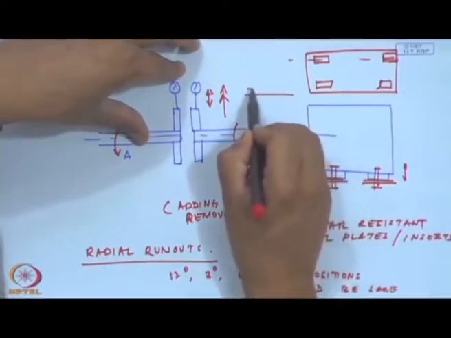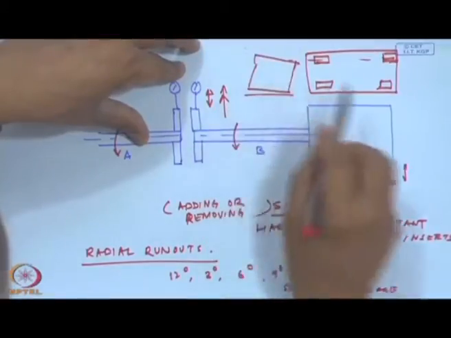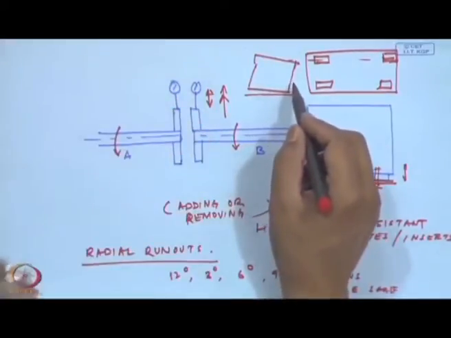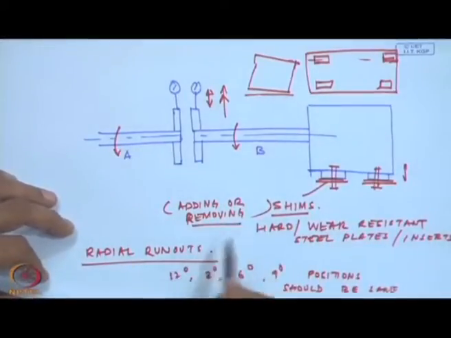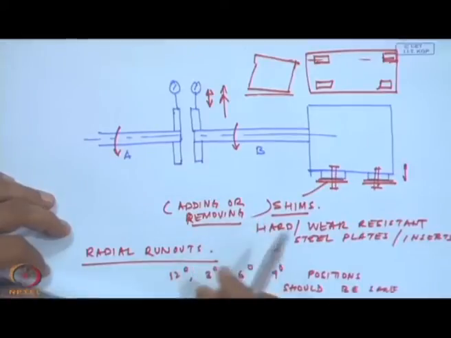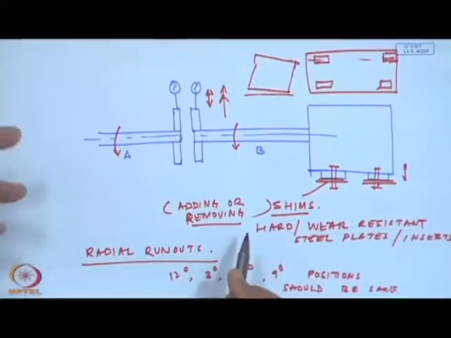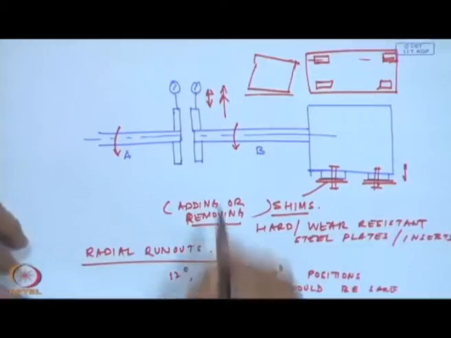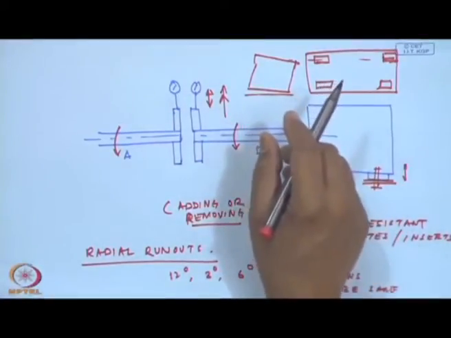The base plane may be like this. Okay, and this gives rise to what is known as the angular misalignment. So, by adding or removing shims, I can take care of the misalignment by reducing the radial runouts, either in the angular sense or in the normal vertical or horizontal sense.